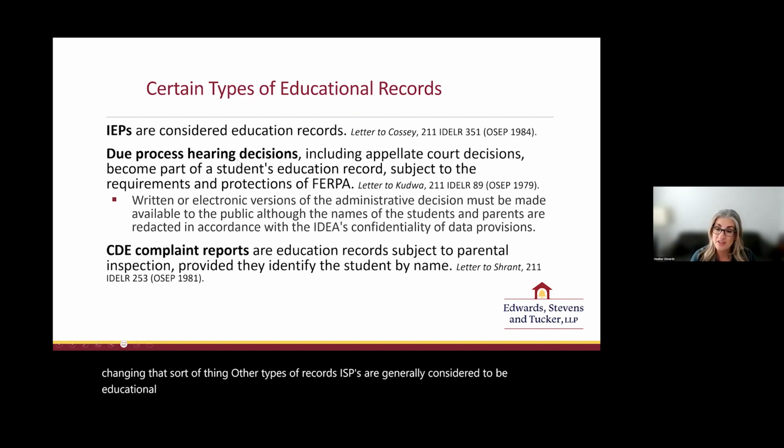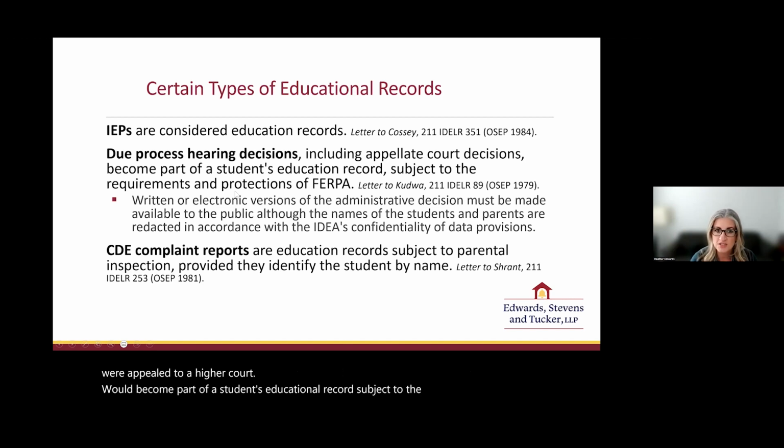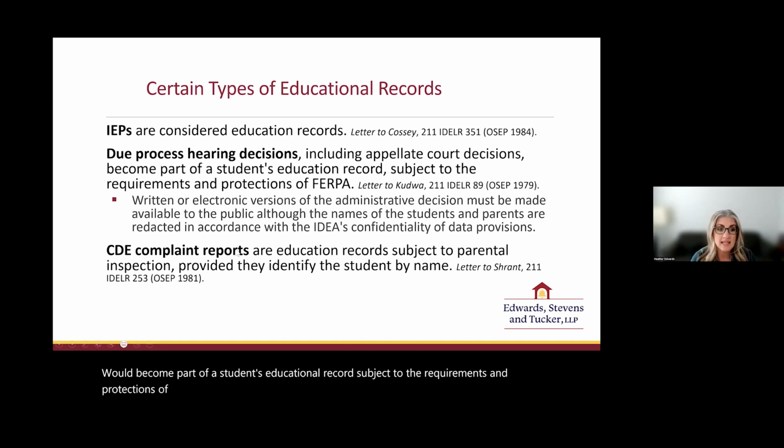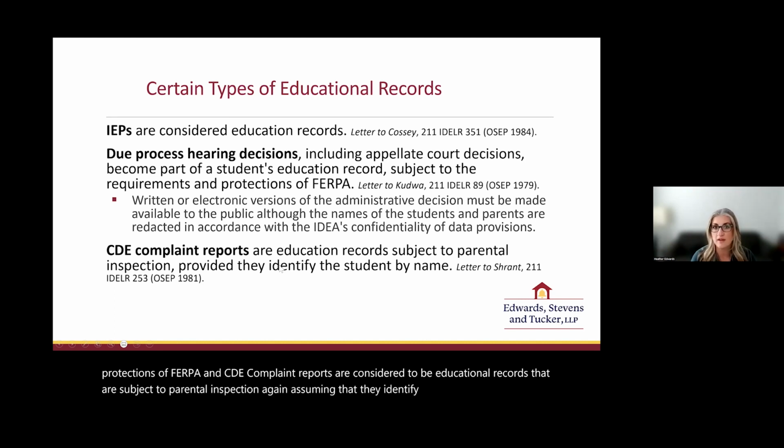Due process hearing decisions, including any higher court decisions, if those were appealed to a higher court, would become part of a student's educational record, subject to the requirements and protections of FERPA. And CDE complaint reports are considered to be educational records that are subject to parental inspection, again, assuming that they identify the student by name or some sort of identifier.